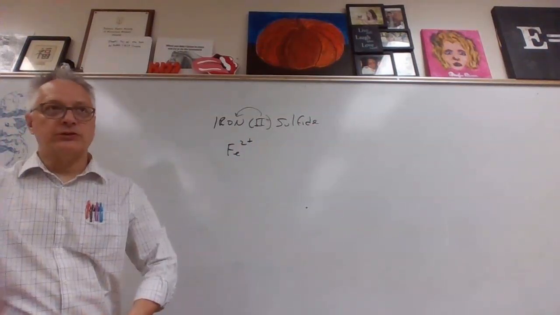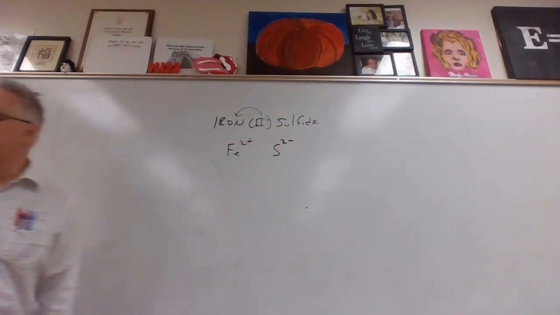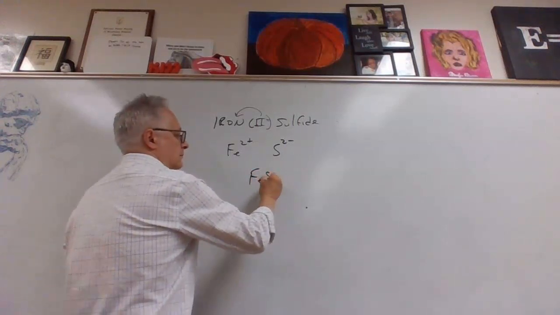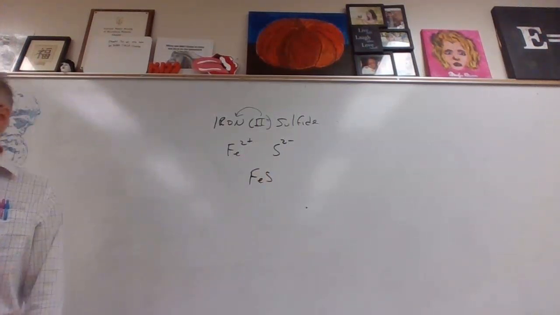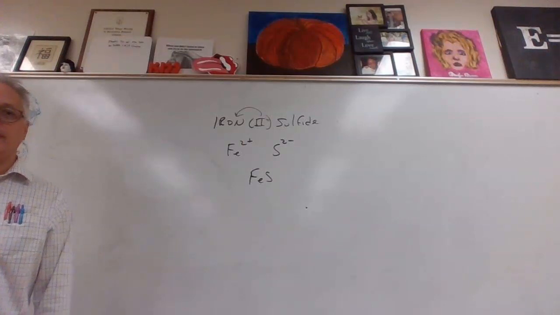Sulfide, if you look at your notes or the periodic table, gets a -2. So this is a real easy one to write. FeS, 1 to 1. Get this in? Straightforward enough.